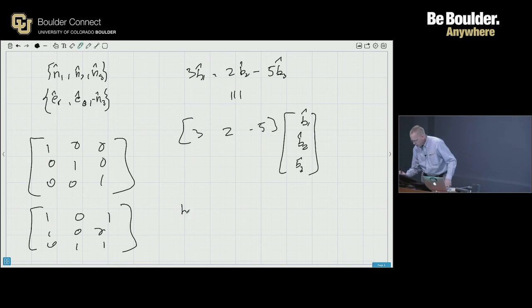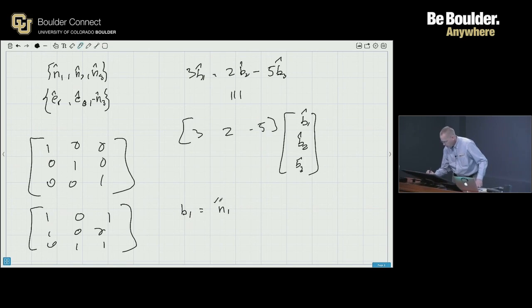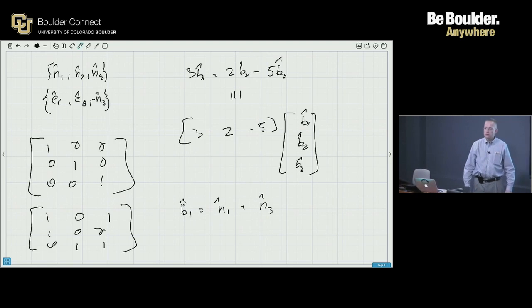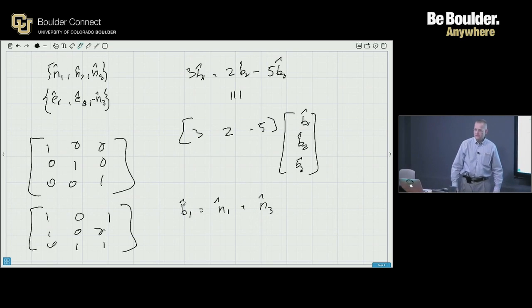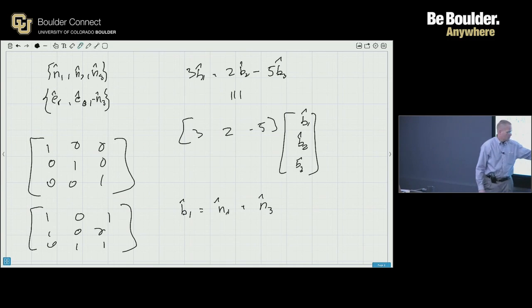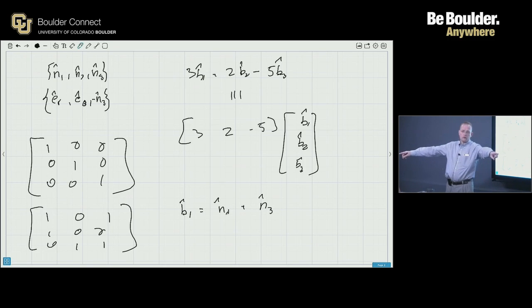Right, so if B1 is N1 plus N3, what is the length of B1? It should be 1. Is it 1 in this case? No. What is it? You're close. Not there yet. You've got N1 in one direction, N3 in another direction, orthogonal. You add the 2. What's the length of this triangle?